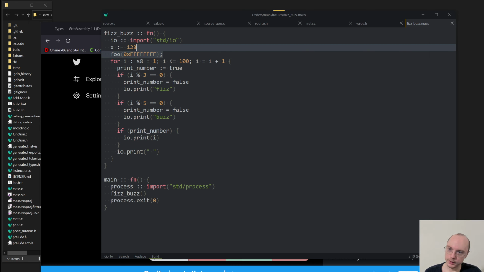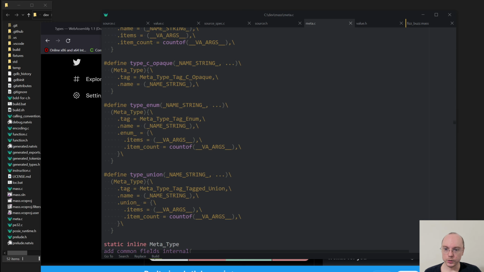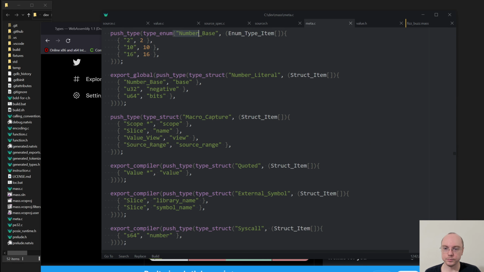So the way it works right now in Mass, and we can actually take a look at number literal type, let me search for this. Yes.